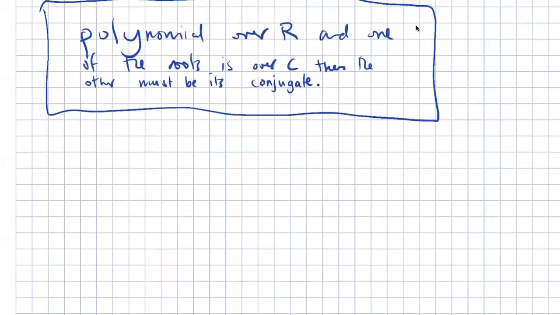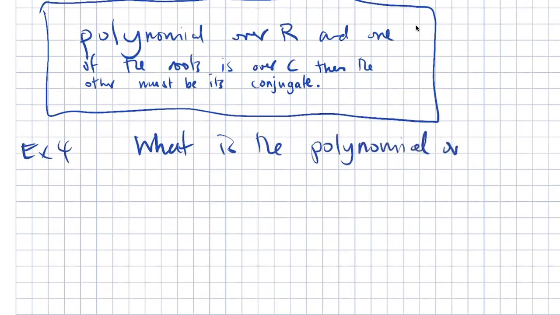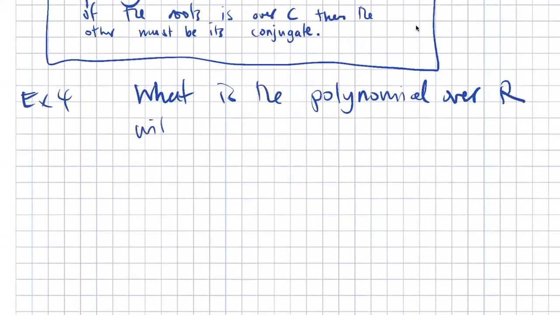So let's look at an example. What are we up to? 4. What is the polynomial over R, meaning it has no complex coefficients, with roots 3 and 2i? All right, well, I've got one complex root here.